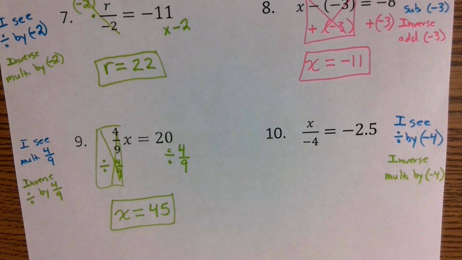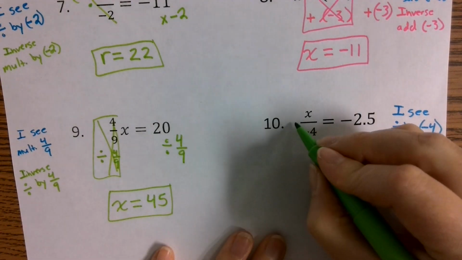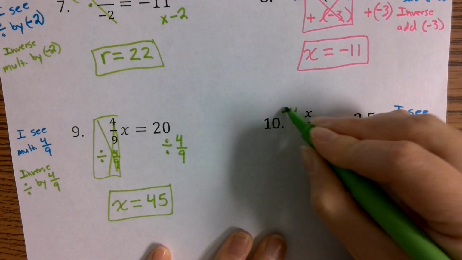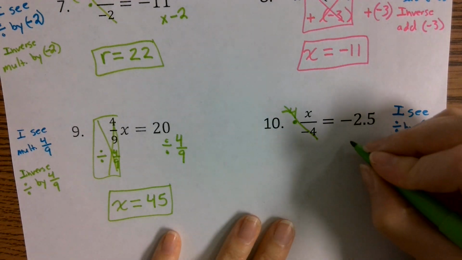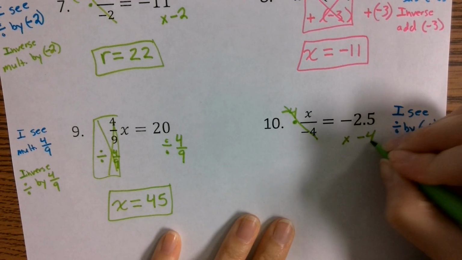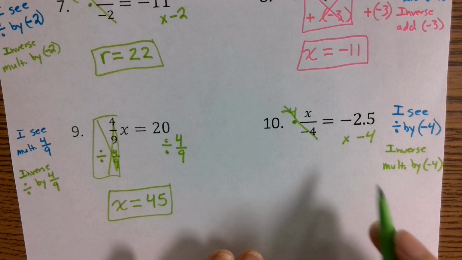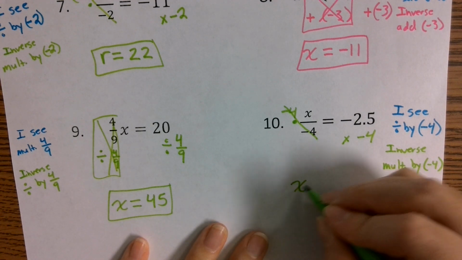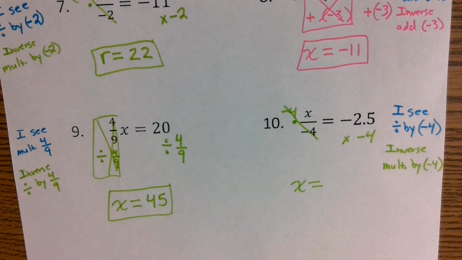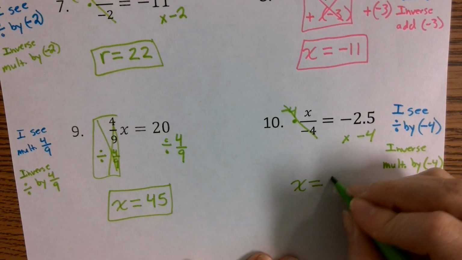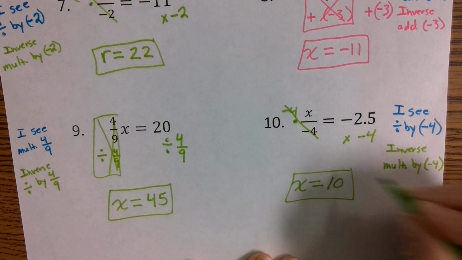We're going to multiply both sides by that negative 4. Those are going to cancel out. And then I'm going to multiply this side by negative 4. What's negative 2.5 times negative 4 going to give us? 10. Positive 10. Good.